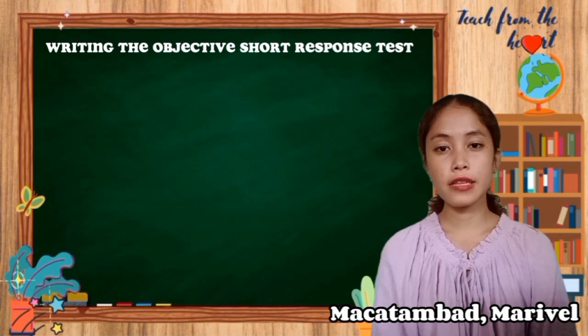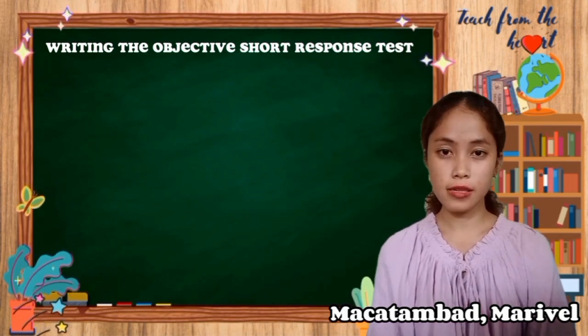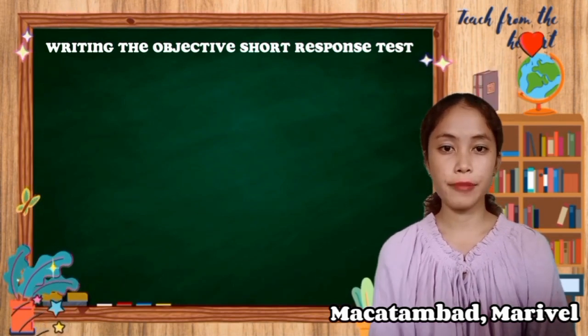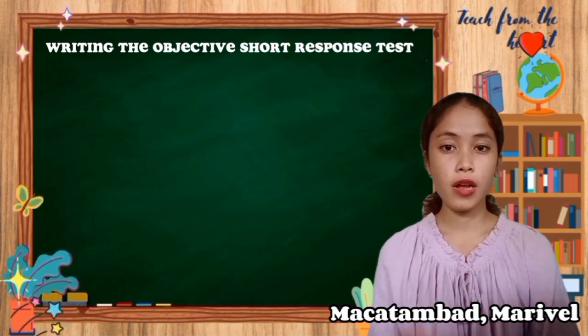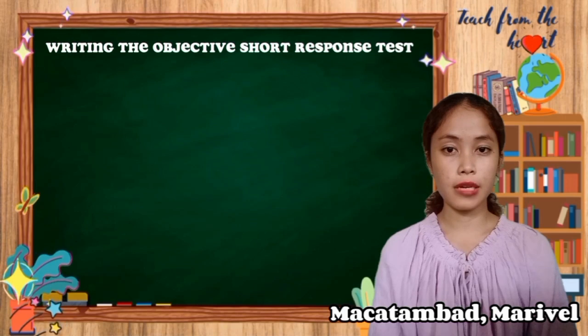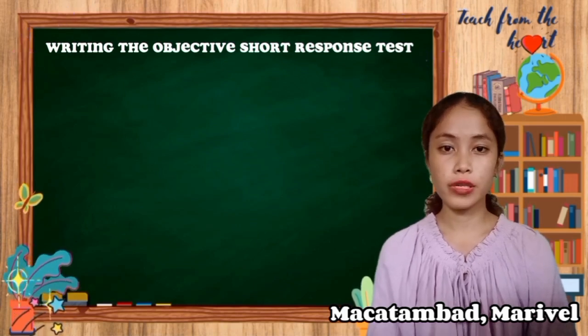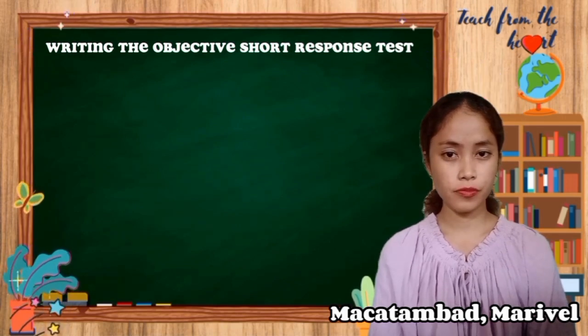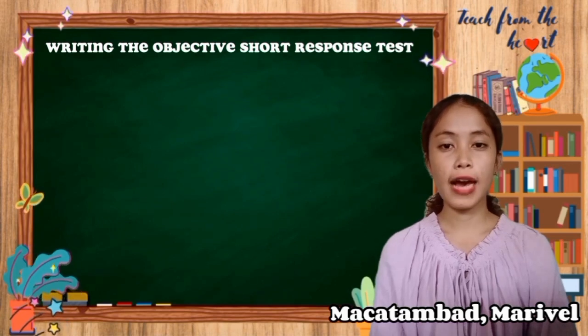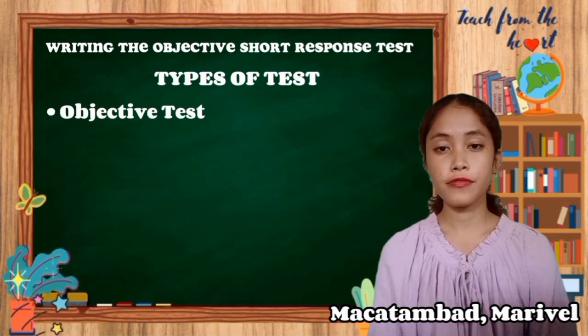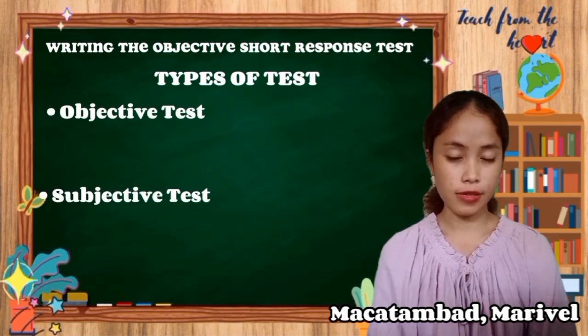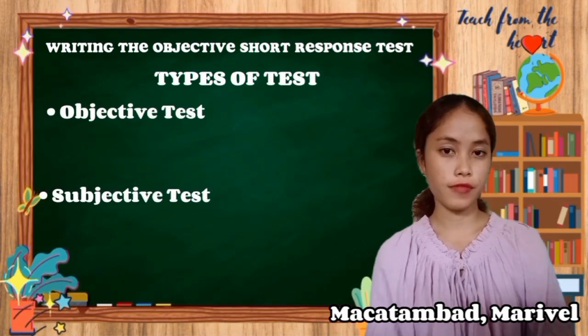So, understanding the different types of testing, the kinds of results they provide, and how they complement one another helps teachers determine what is the best course of action. So now we have two general types of tests, the objective and the subjective test. So first is the objective test.